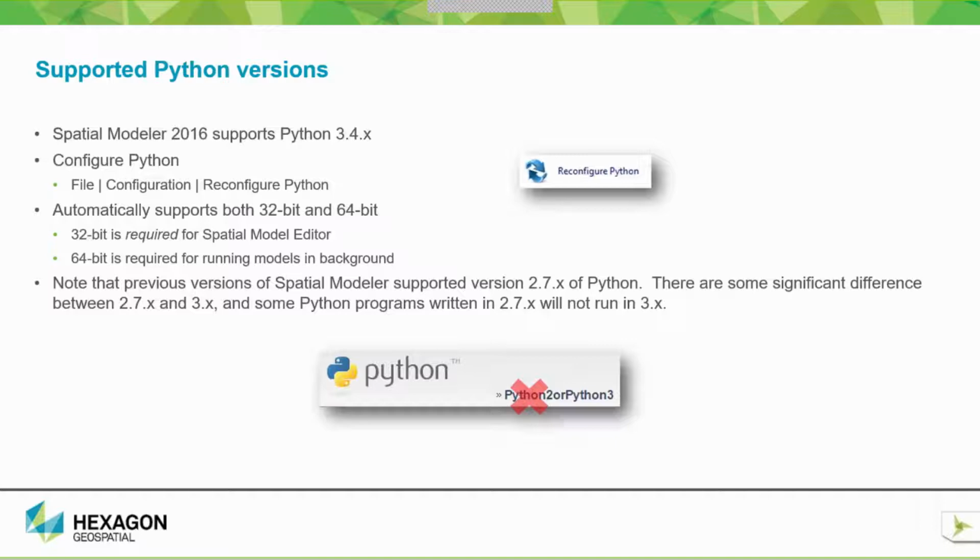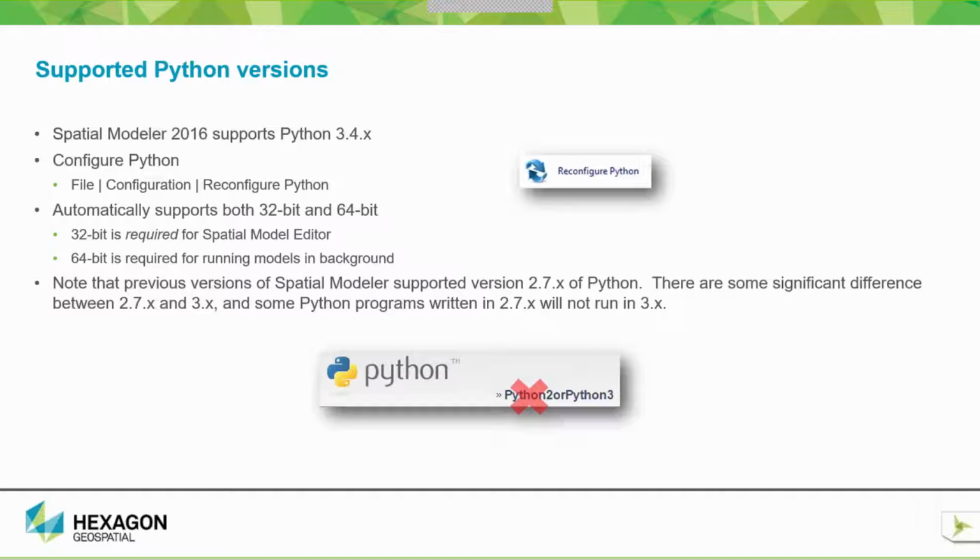So you cannot guarantee that the Python programs that you wrote in 2.7 will work in Spatial Modeler, even if you now have 3.4, if you don't change those scripts to work in 3.4. It may require changes to your script if you wrote it in 2.7, and it depends on the functionality you used in Python. A lot of it is completely compatible, but there are some changes, and you are likely to encounter some things that don't work that you have to change.